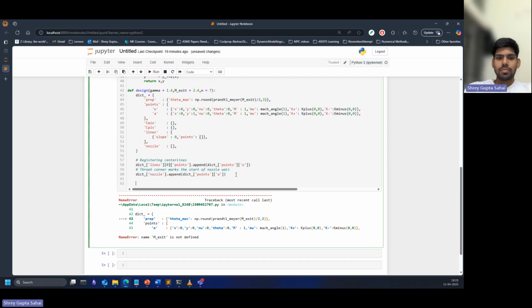Step one is the immediate corner theta. So to find the Prandtl-Meyer expansion of that theta, how much theta does it expand to, we find that theta max expansion.